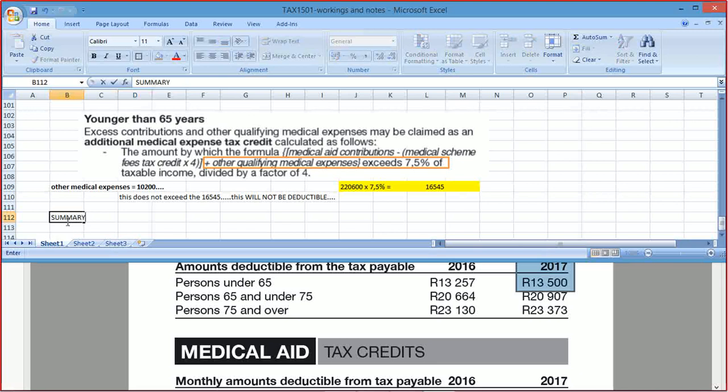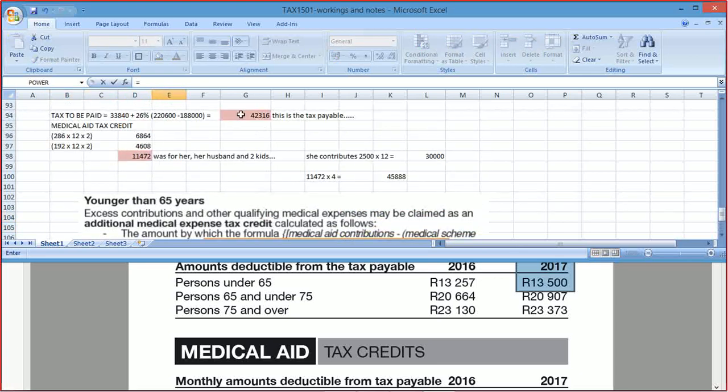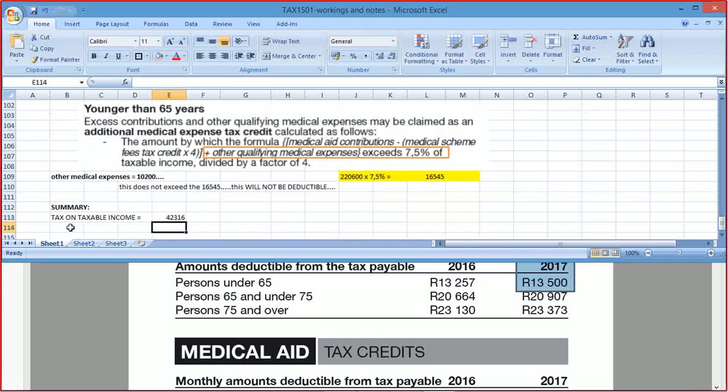Okay, so summary equals. Okay, tax on taxable income equals. Okay, I worked it out earlier. I'm just going to reference the figure. There it is. Okay, then less medical credits.